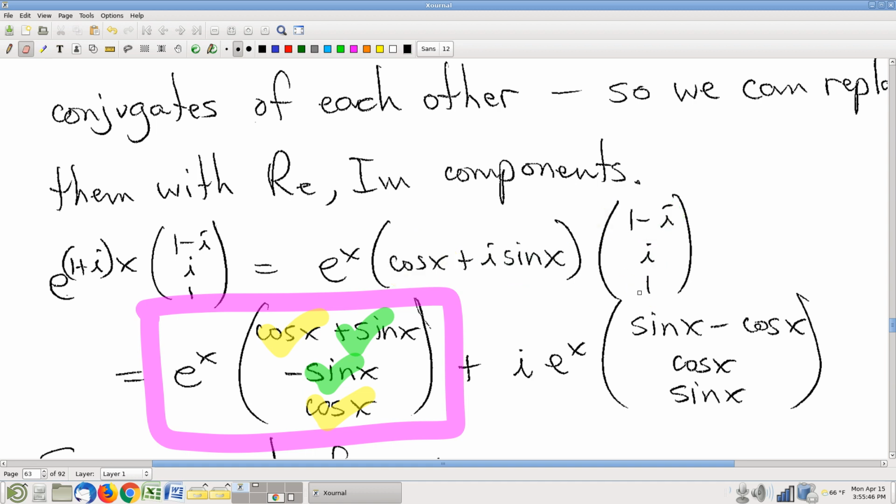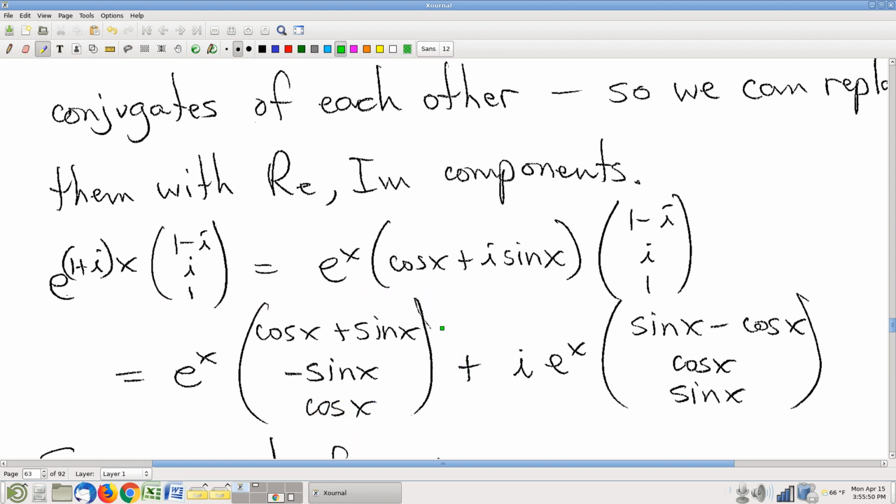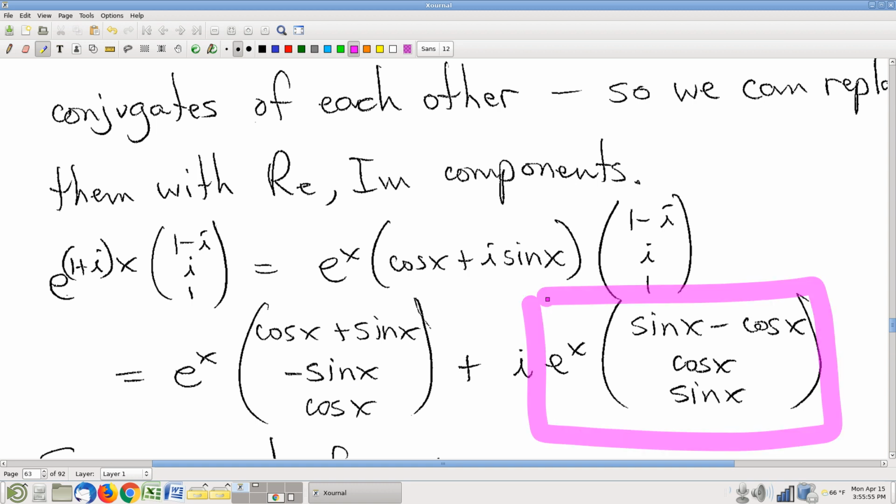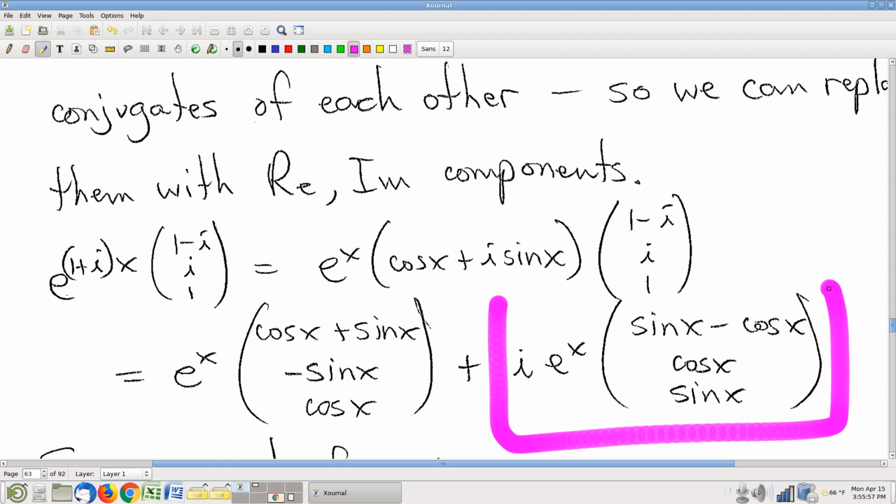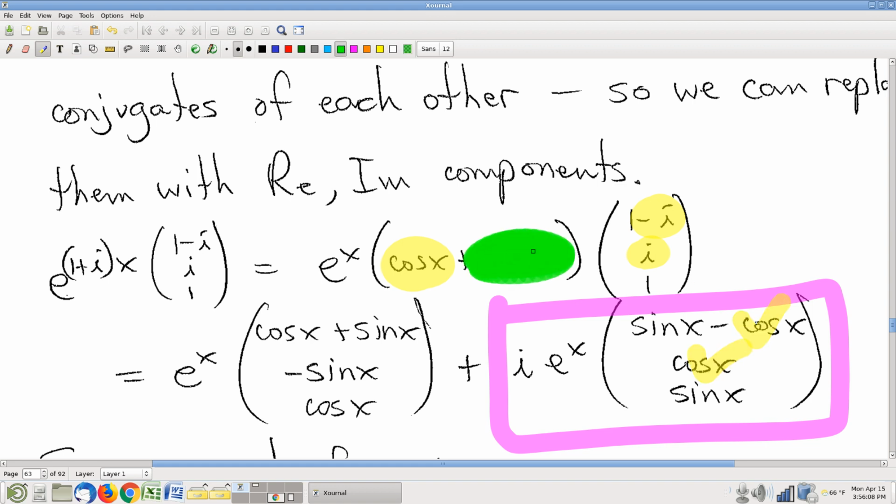And then the flip side is, if we want to find the imaginary part of the product, I guess I better include that, the imaginary part of the product. Real times imaginary, and imaginary times real. And so there you go.